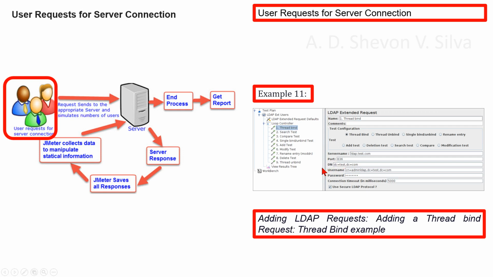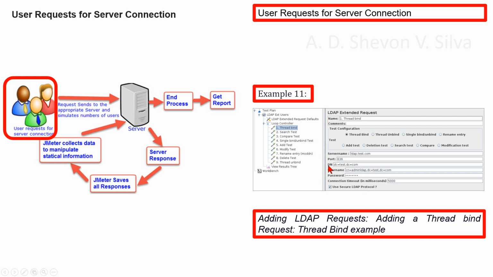Optional, enter the base DN in the DN field. This base DN will be used as the starting point for searches, add, delete, etc. Take care that this must be the uppermost shared level for all your requests.